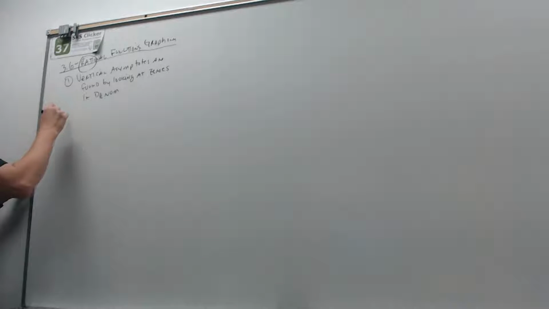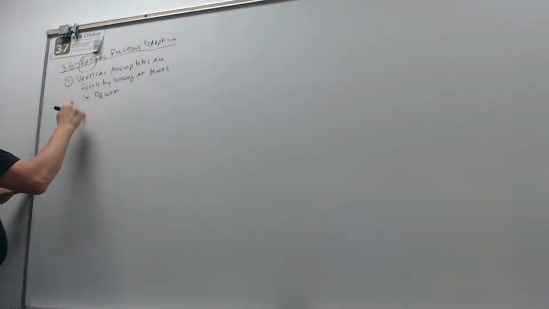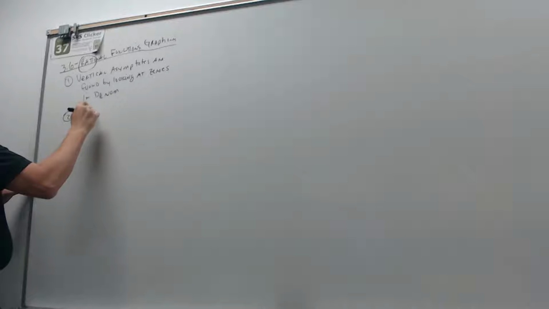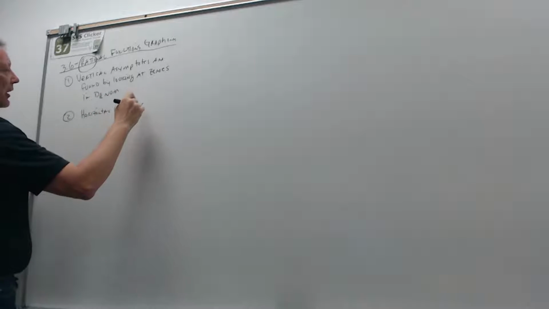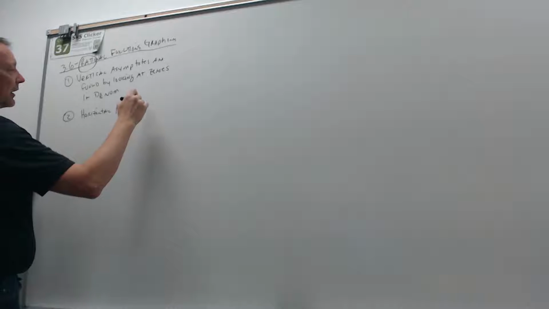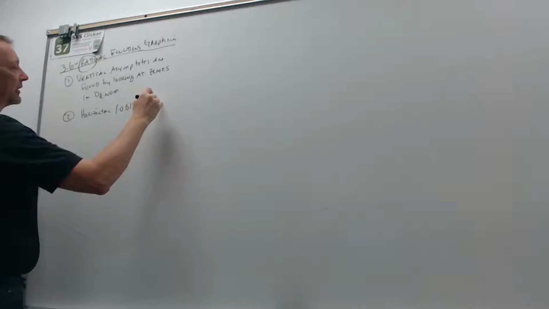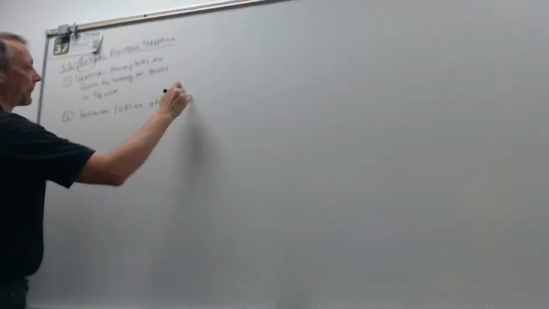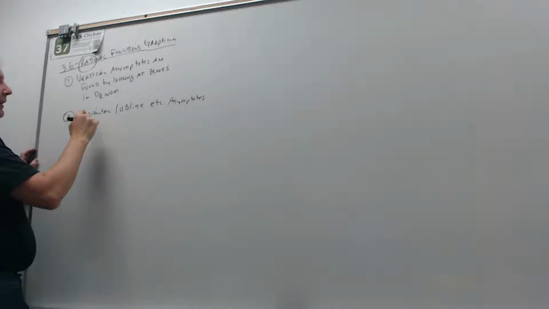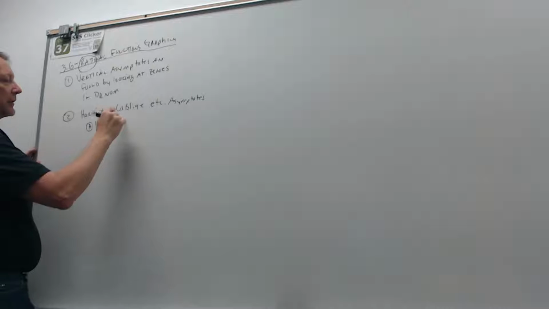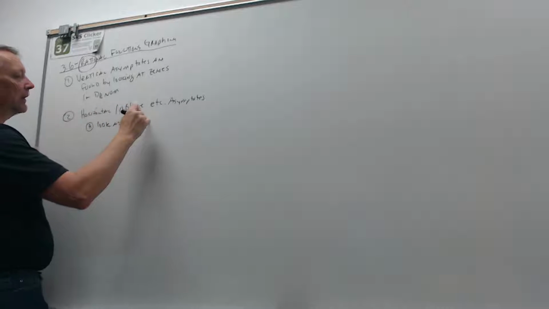Okay, then we're going to talk about horizontal, oblique, etc. asymptotes. Okay? And the idea here is, number one, or maybe I'll say A, look at degree of the numerator.